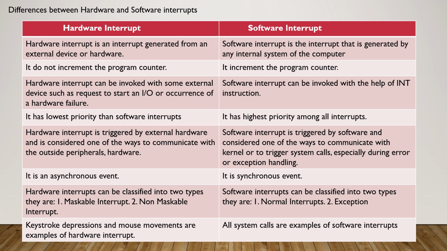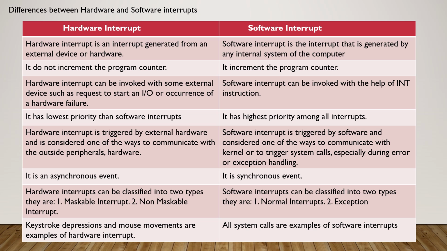The hardware interrupt does not increment the program counter, but the software interrupt increases the program counter. A hardware interrupt can be invoked with external devices, such as a request to start an IO or an occurrence of a hardware failure.